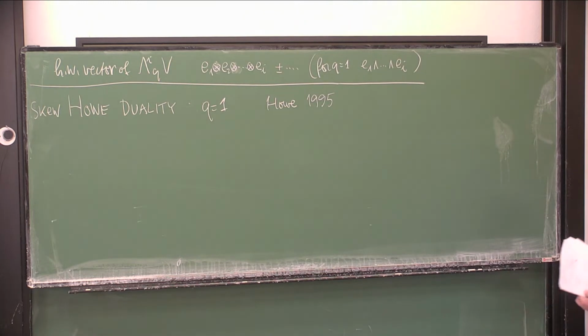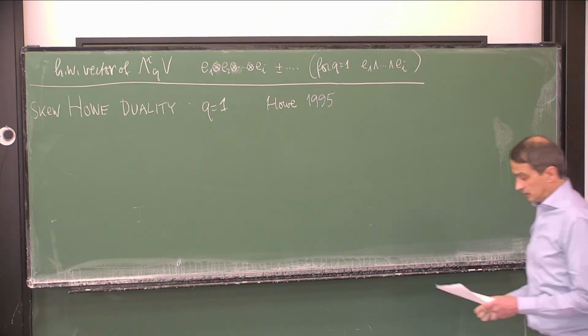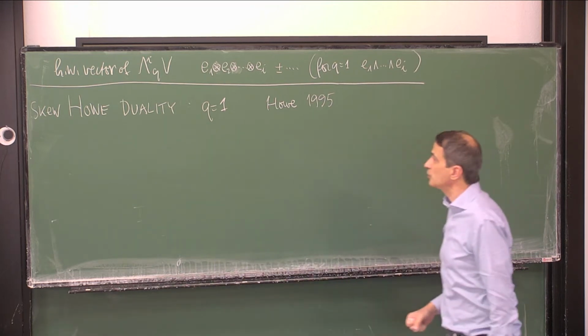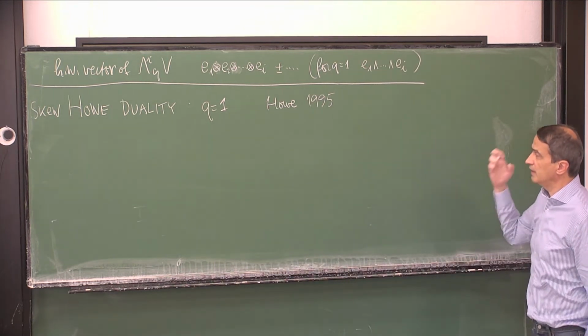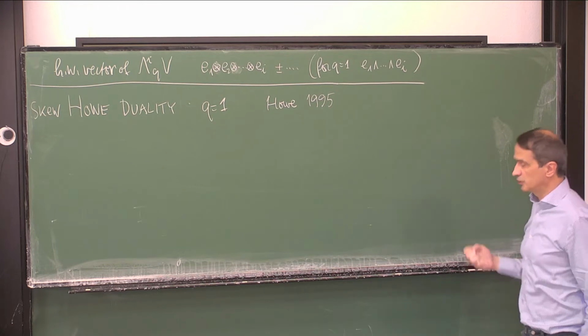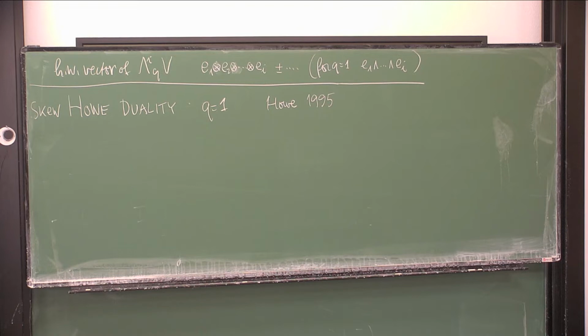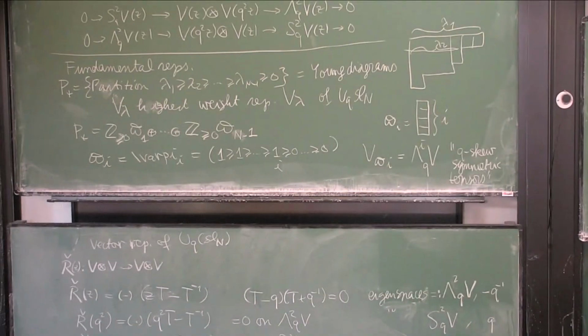And I think Howe also writes that it is basically a consequence of a result of Kostant in 1961, who computed some cohomology of parabolic subgroups. But I will describe it in an elementary way.